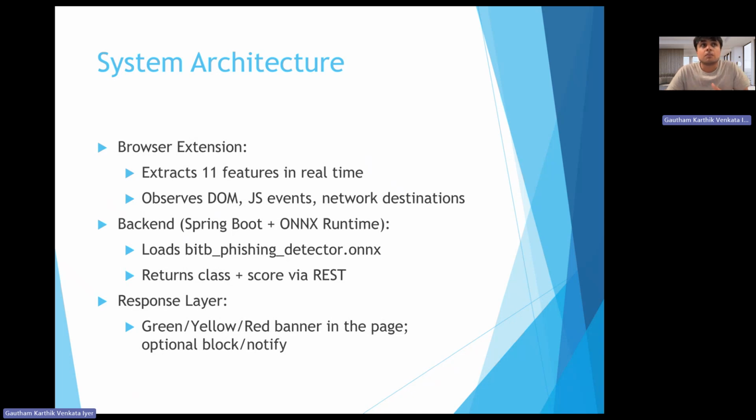This way it keeps regenerating, thereby providing a smooth ML model for me. This model will return a class and a prediction, which will have a certain response, as I said, a 0, 1, or 2 score. If it's 0, it's safe, showing green; 1 shows yellow; 2 shows a BITB attack, which will be red.